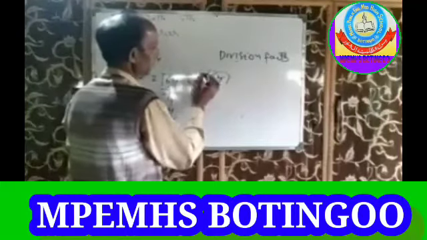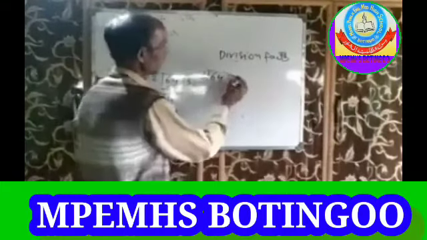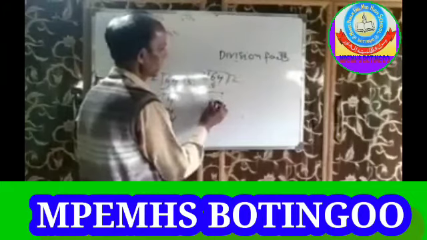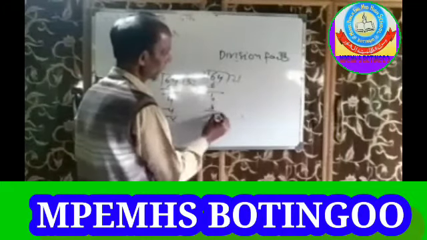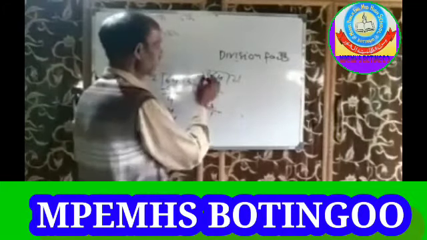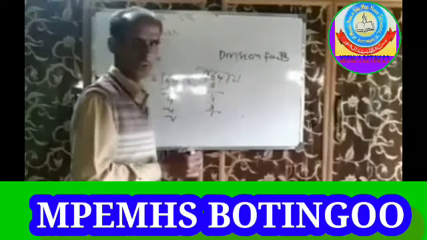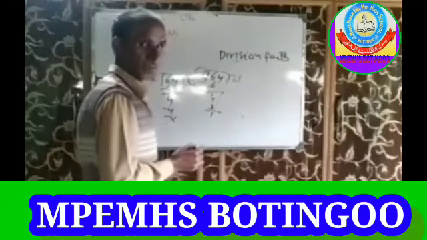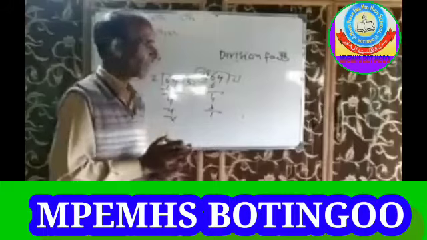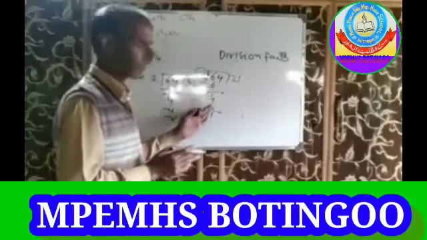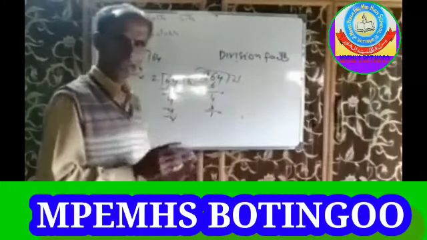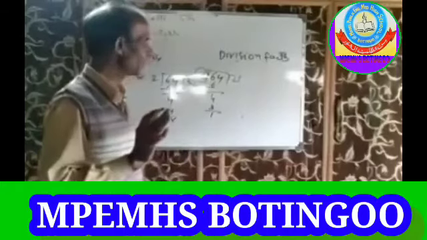64 divided by 3. 3 2s are 6, 3 1s are 3. It means that 3 is not a factor of 64. 3 cannot exactly divide 64. So we can say that 3 is not a factor of 64.